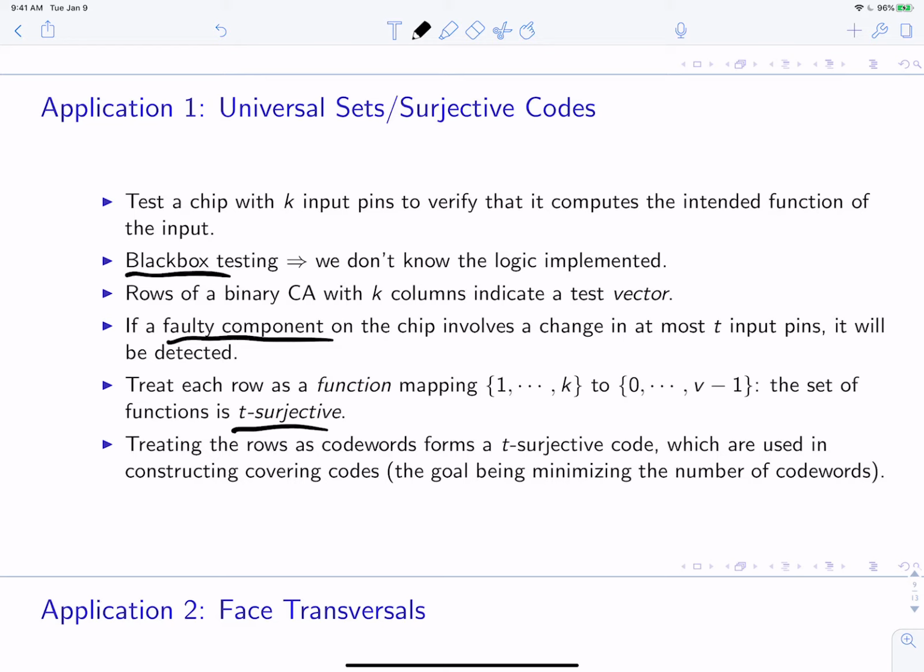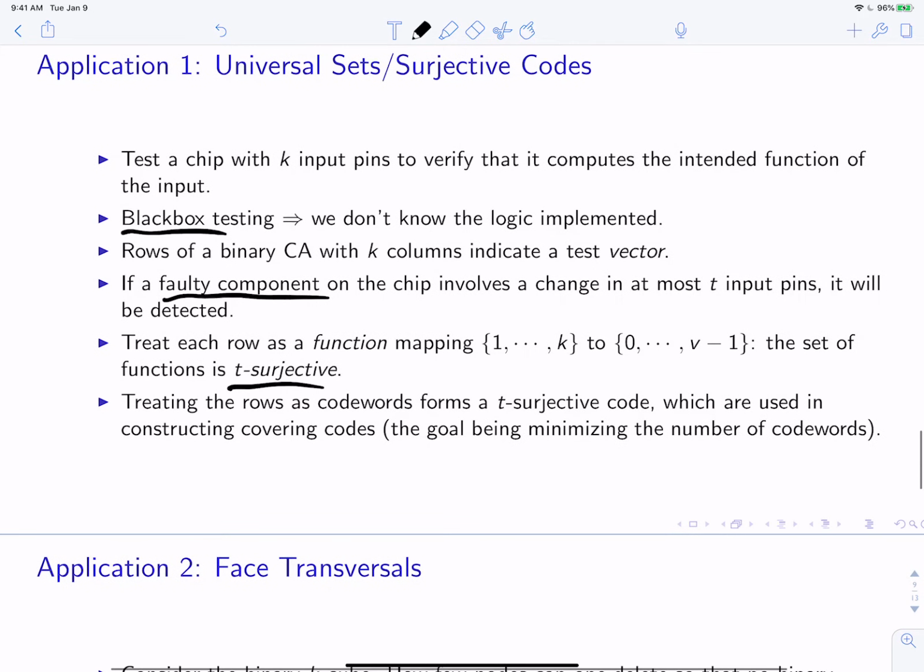And it turns out that they were developing these beautiful results on their own, something called t-surjective codes, and the software testers were looking at things called covering arrays, even though they turned out to be exactly the same thing. So if you look, you'll just see t-surjective codes, but it means covering array. It's equivalent to a covering array.